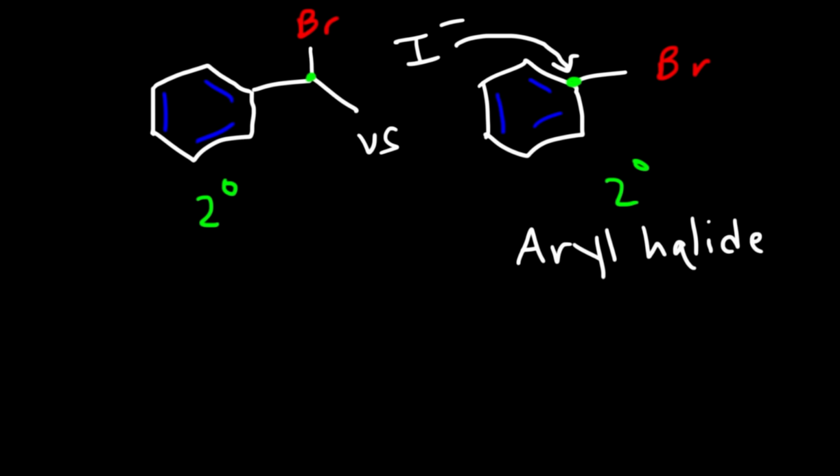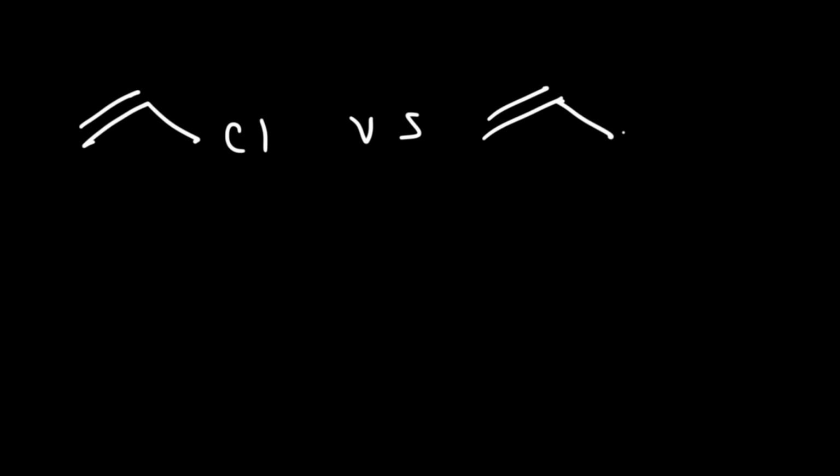And so the iodide ion can't approach from the back to attack that carbon due to the pi electrons. So aryl halides do not participate in the SN2 reaction. Therefore, this one is better. And the same is true if you compare, let's say, a vinyl halide with an allyl or an allylic halide.